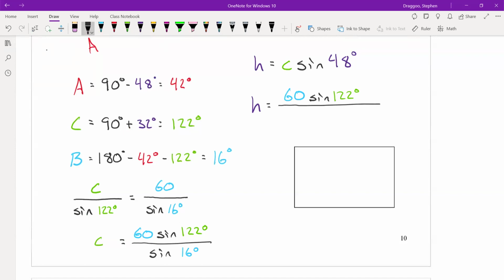I know I'm multiplying that into the sine of 48 degrees. So that was part of the equation already here. And then all of that gets divided by the sine of 16 degrees. Still coming over from our substitution for C.